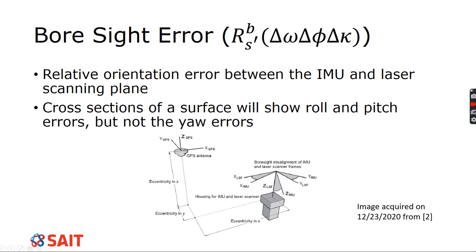If you do a cross section of a surface, you'll see the roll and the pitch, because this contributes to all 3 of these errors. But the yaw errors you're not going to see. So you can try to reduce the roll and the pitch errors, but the yaw errors have to be dealt with in another way and minimized with other mathematics.